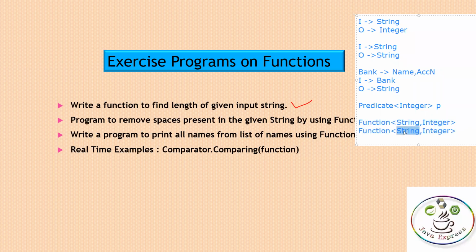Second program: input is integer, output is a string. Now the same structure for the third one. Bank is your input. From the bank I have so many millions of customers. Out of that I need only the employee names, so I can take it as string data. Clear now how I'm writing my functions? Any question?